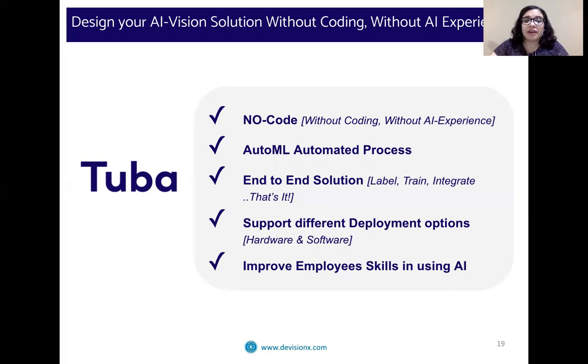As I mentioned, you are able to do labeling only, or labeling and training for your images, and you can complete the whole cycle to build your own AI vision solution with just 3 steps: label, train, and integrate.